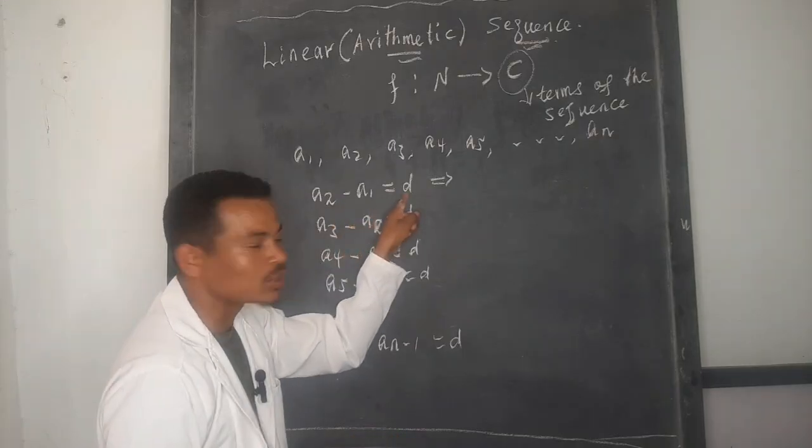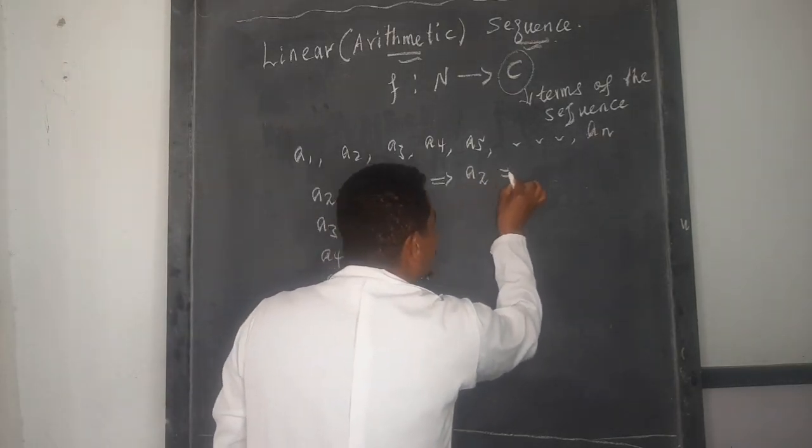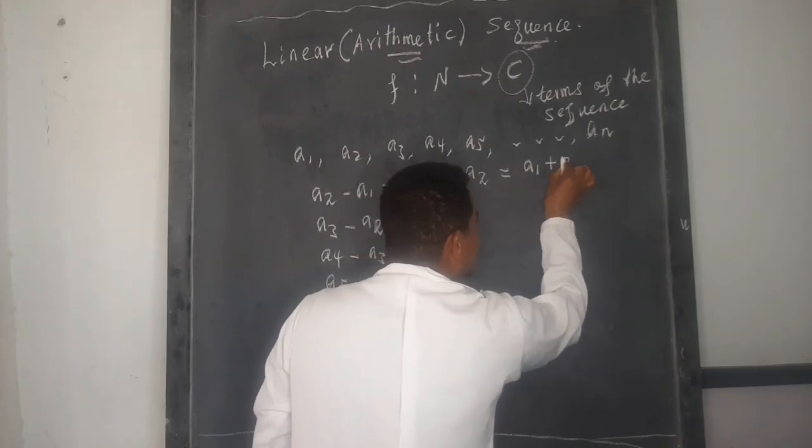Now from a2 minus a1 is equal to d, that is a2 is equal to a1 plus d.